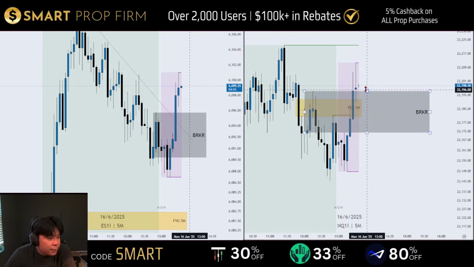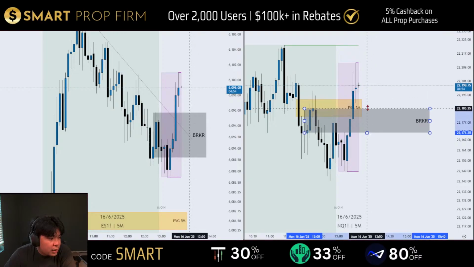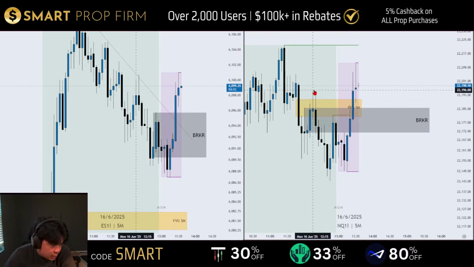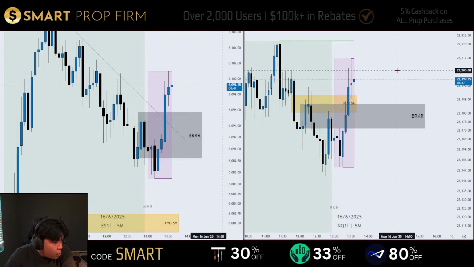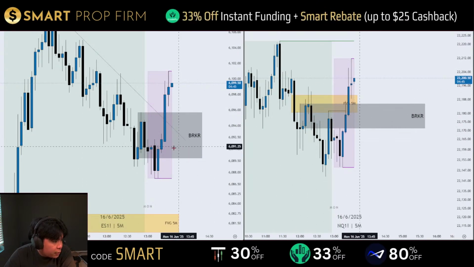We have the breaker set up right now. We could technically use the bodies of it, because I tend to not like it when it's using such a large wick. But yeah, it looks like with a gap here too.